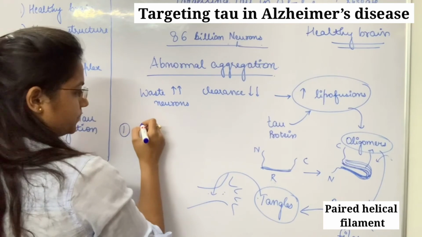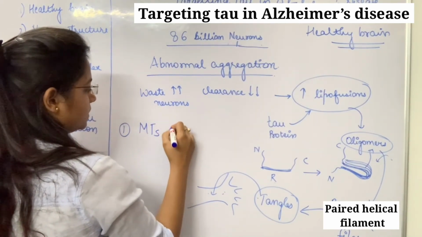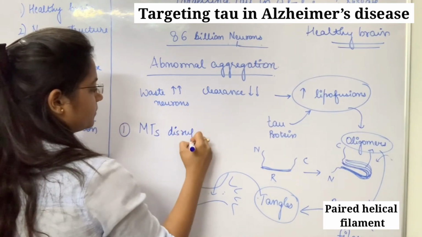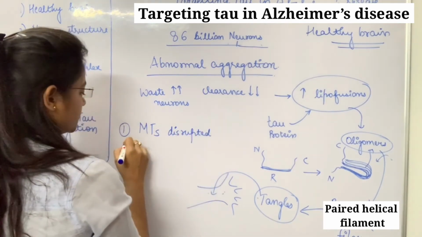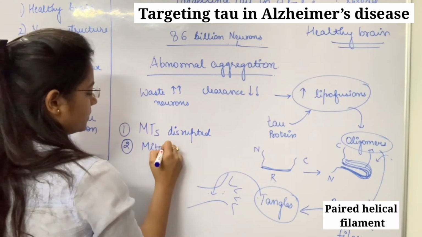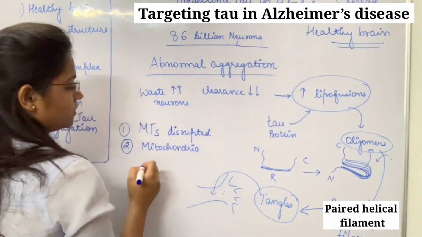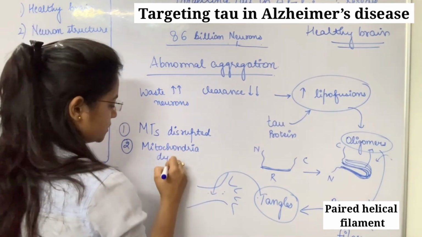First one is MTs, microtubules, are disrupted. Second one is mitochondria are dysfunctional.